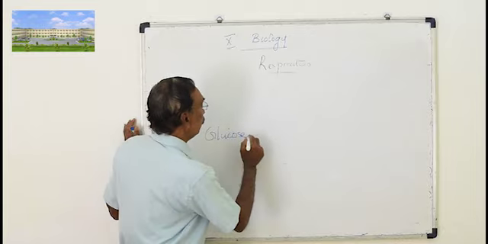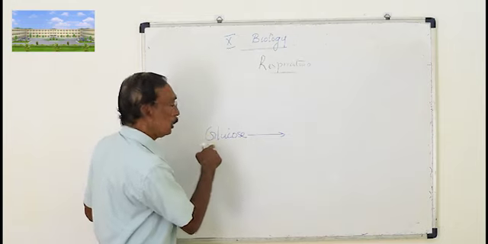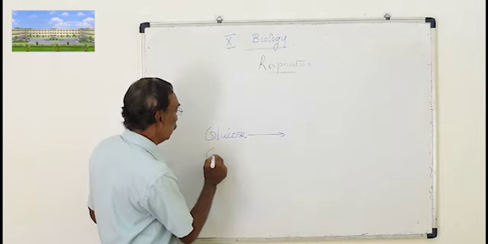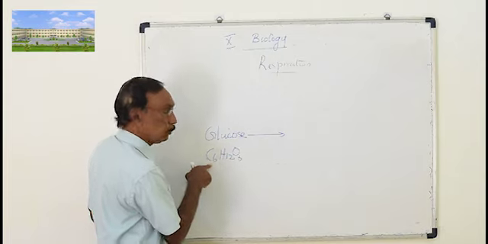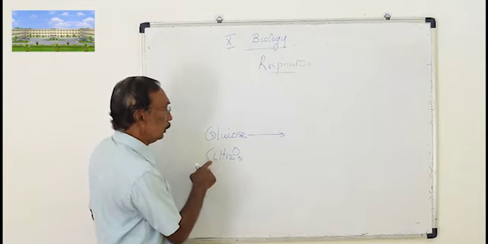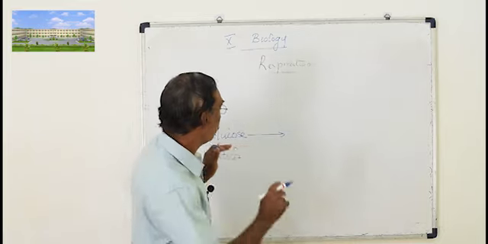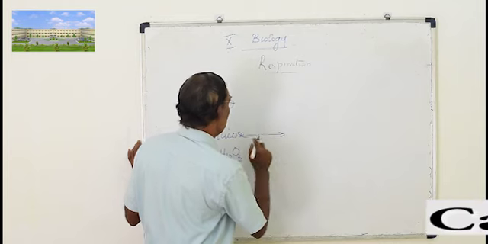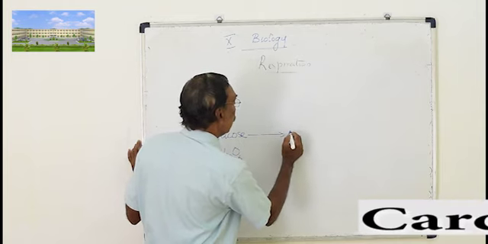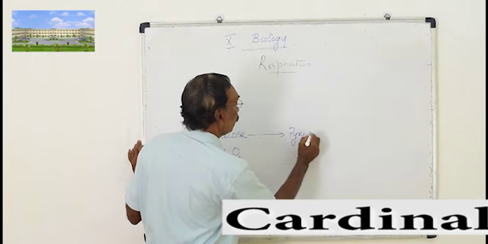Glucose is a 6 carbon containing compound, C6H12O6. It breaks down in the cytoplasm, and the breakdown produces a 3 carbon compound called pyruvate. So this is the first step.